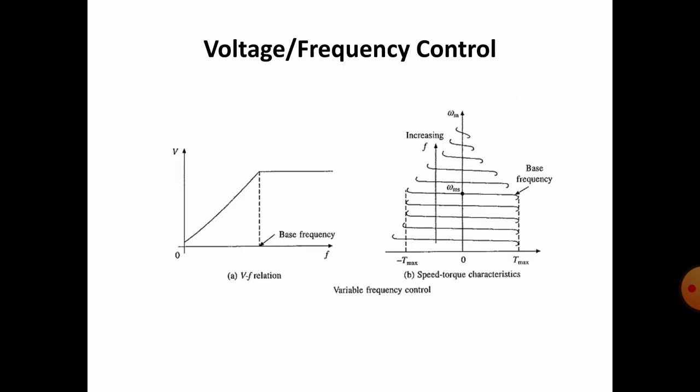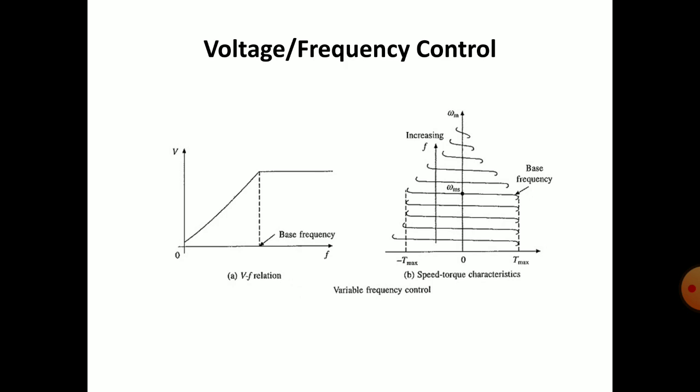That is shown in the characteristics. You can see the V by F plot of voltage versus frequency. Below the base frequency, the V by F ratio is increased. Above the base frequency, the voltage is maintained constant in order to get the constant maximum torque.